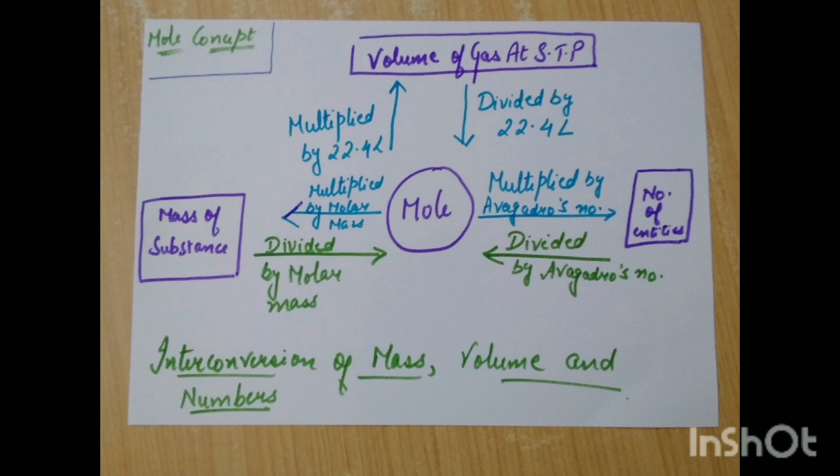Similarly, if Avogadro's number is given in a question, then you can multiply the mole with Avogadro's number to calculate the number of entities. So everything we have understood in this flow sheet so far was through multiplication. We can multiply the mole by 22.4 liters to calculate the volume of gas at standard temperature and pressure, which we call STP. We can multiply the mole by Avogadro's number to calculate the number of entities.